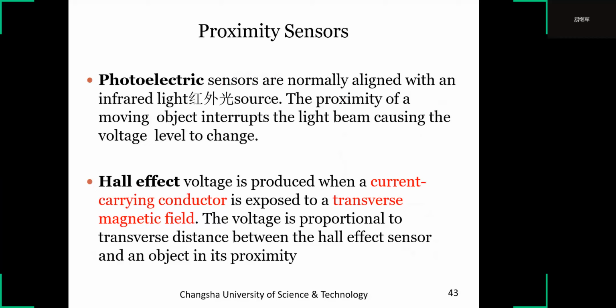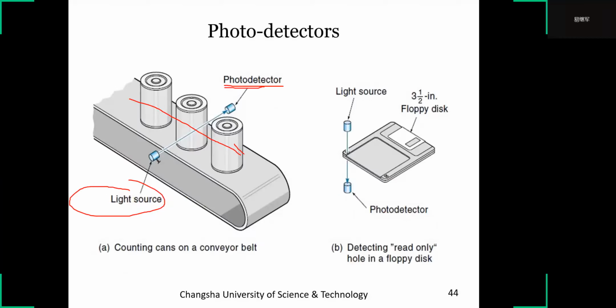So the voltage change. This is the application for the photo detector. This is a floppy disk. There is a hole in the floppy disk.